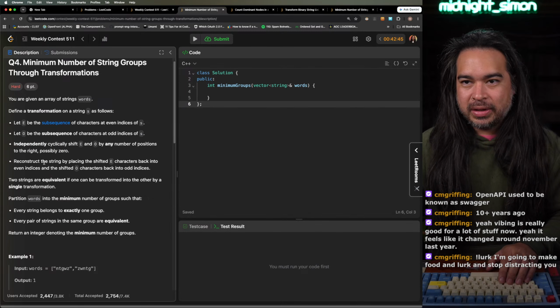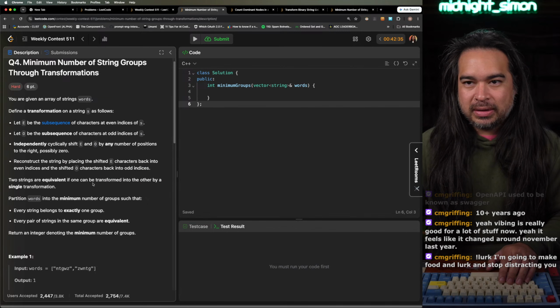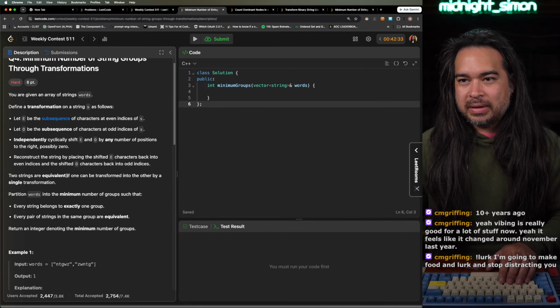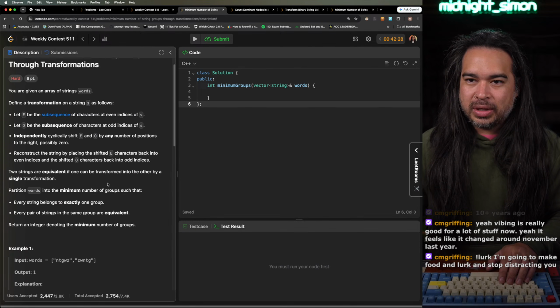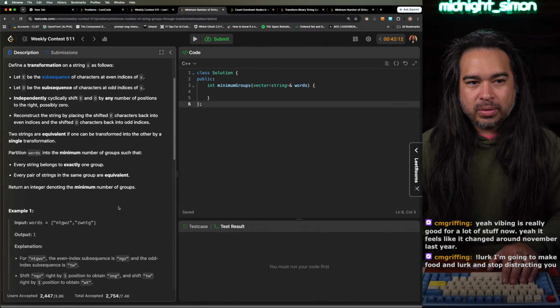Reconstruct the string by placing the shifted E characters back into even indices and the shifted O characters back into odd indices. Two strings are equivalent if one can be transformed into the other by a single transformation. Partition words into the minimum number of groups such that every string belongs to exactly one group. Every pair of strings in the same group are equivalent. Return an integer denoting the minimum number of groups.